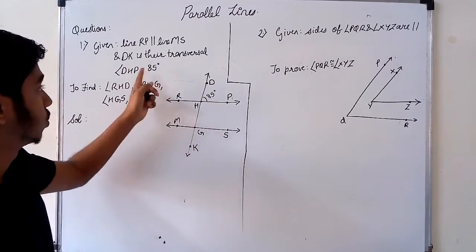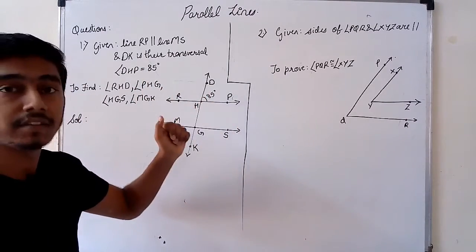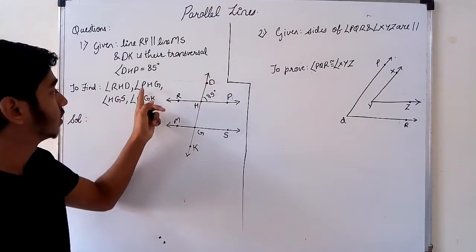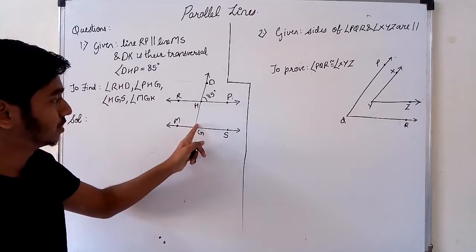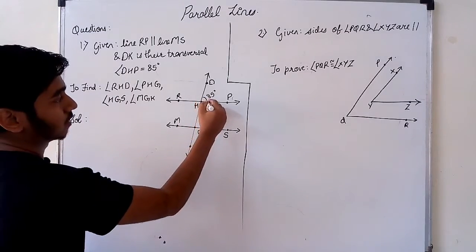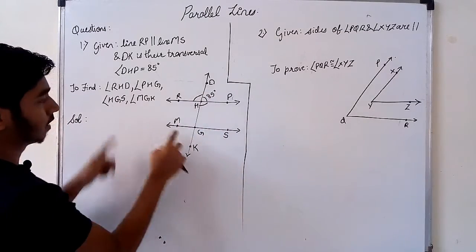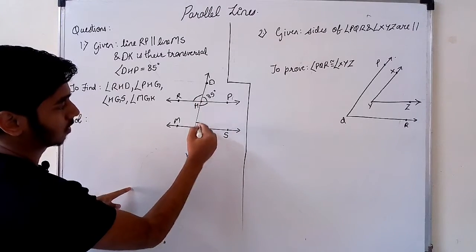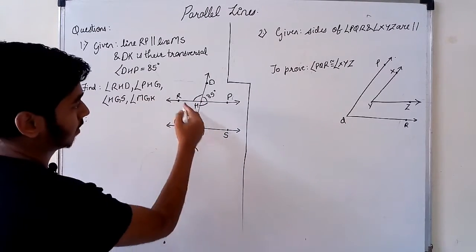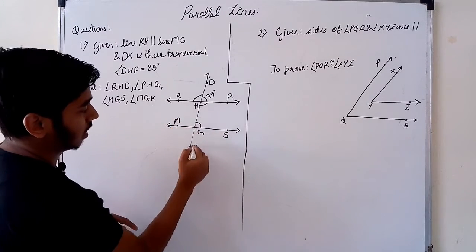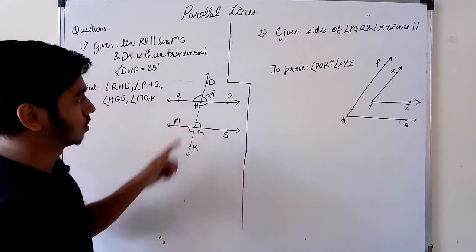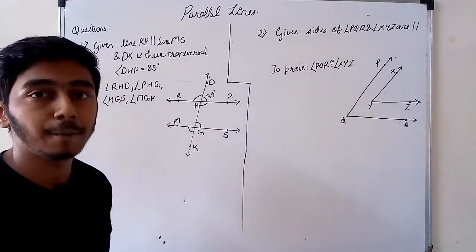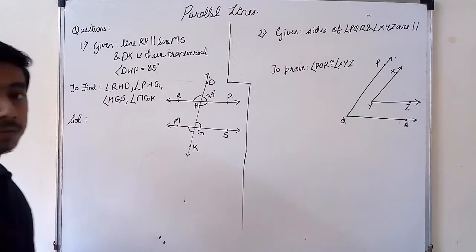So this angle is given as 85 degree and we have to find RHD, then PHG, which is this angle, then HGS, this, and MGK. So 1, 2, 3, 4 angles we have to find. Okay, so let's see how we do.